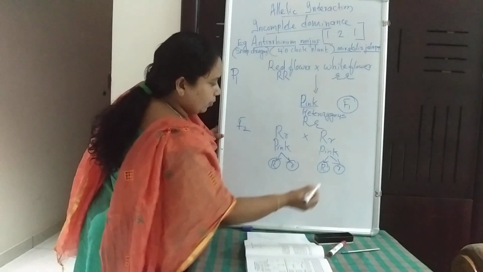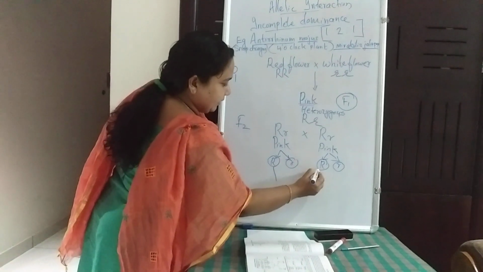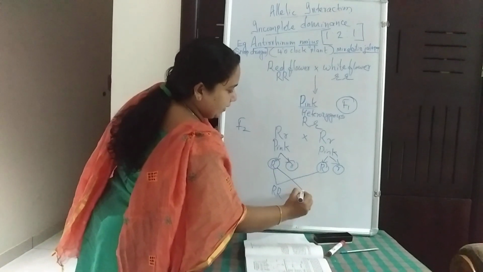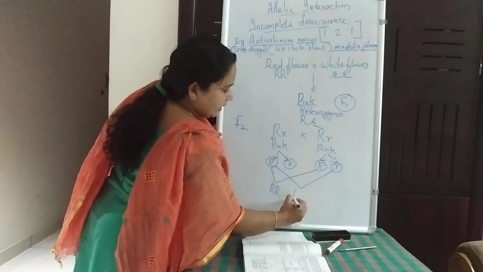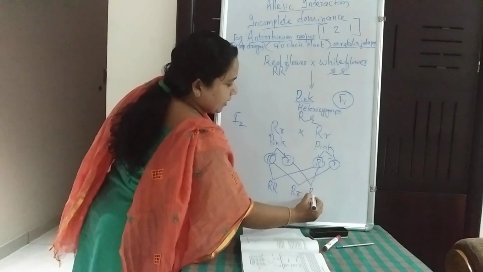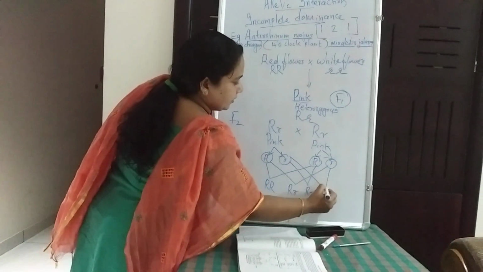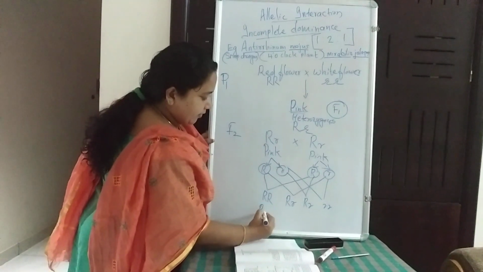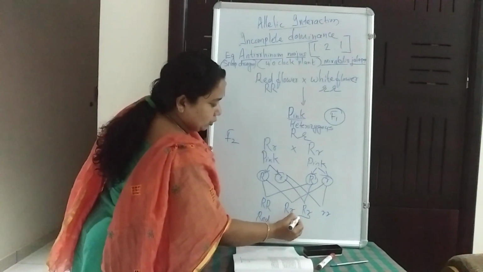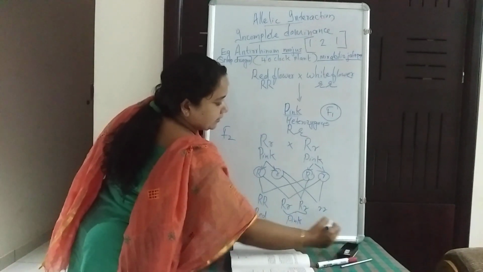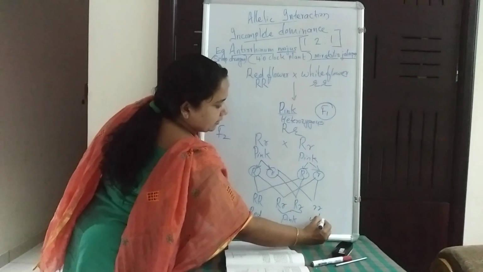By checkerboard or any other means we can write capital R capital R, capital R small r, capital R small r, and small r small r. We can find these as red, these two as pink and this as white.